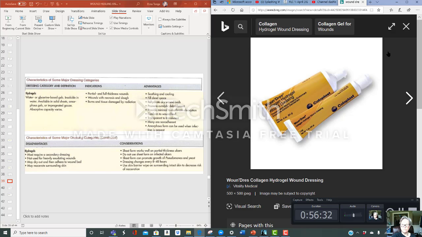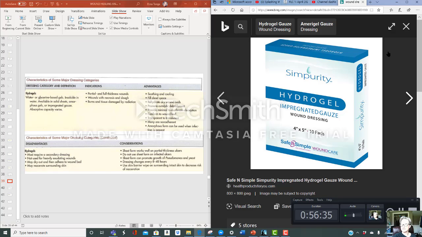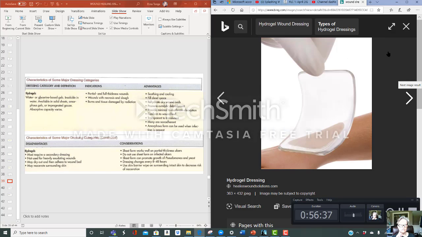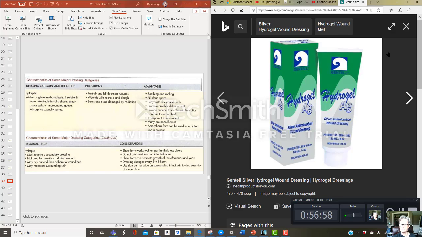Sheet form, that's a sheet form right there, works well with partial thickness ulcers. Do not use sheet form on infected ulcers. Sheet form can promote growth of pseudomonas and yeast. Change every 8 to 48 hours. Use skin barrier wipe on surrounding intact skin to decrease maceration.